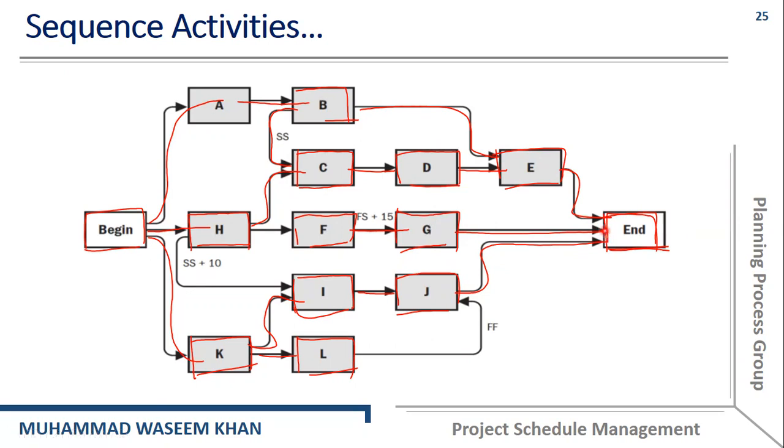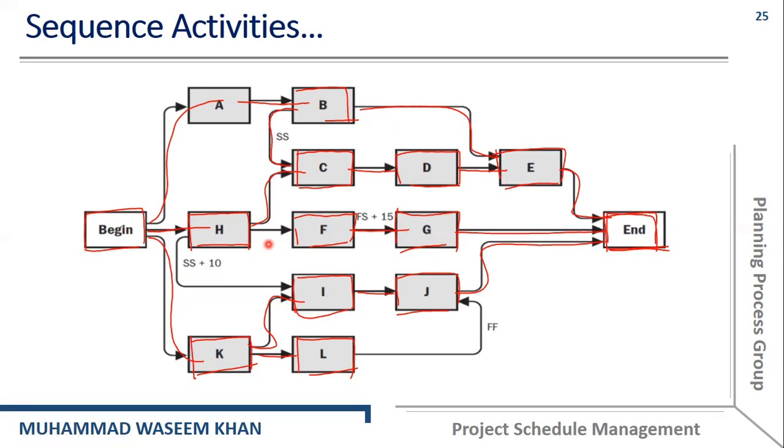So that was the basic schedule network diagram, and we will discuss this diagram in detail, but it is very necessary for you to understand this one, because if you want to understand the coming chapters or lectures, you must understand this particular example. I hope you understood.